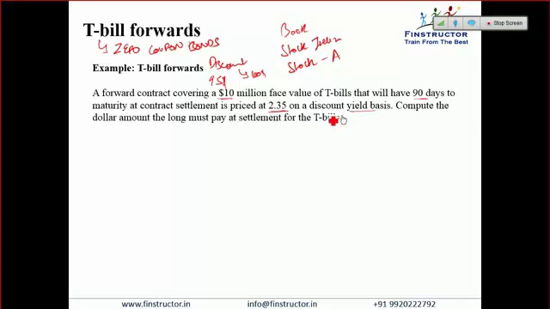This question is more on understanding the discount yield convention rather than the payoff on the forward contract. So it has 90 days to maturity and is priced at 2.35 on a discount yield basis.